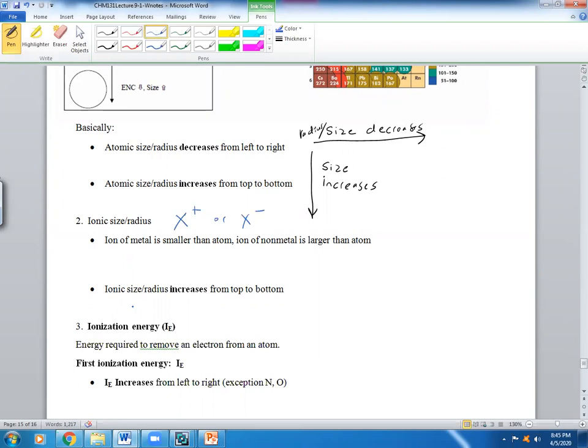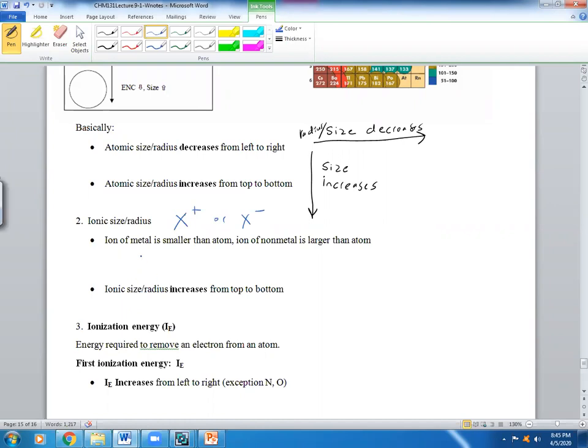The trend for this, especially when you go across from left to right, can be a bit confusing. So what we say instead is the ion of a metal is smaller than its atom, but the ion of a nonmetal is larger than the atom. So what does that mean?